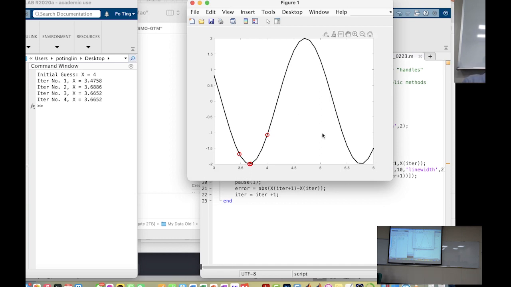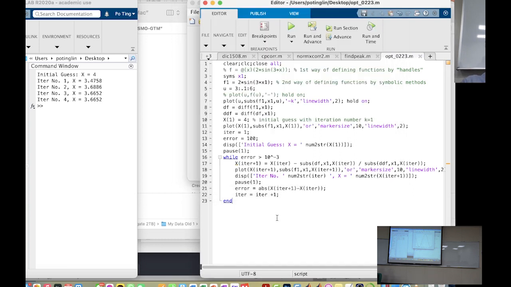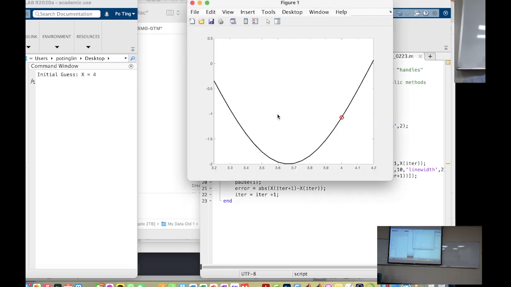Okay? If I zoom in, plotting from 3.2 to 4.2, let's zoom in and take a look. Okay, so it goes this way. And let's try to plot the second order approximation during the process.